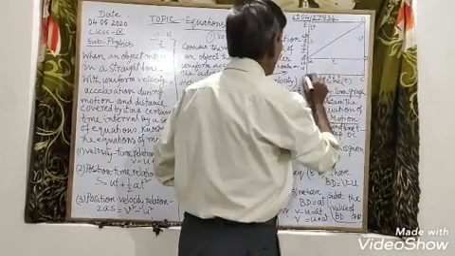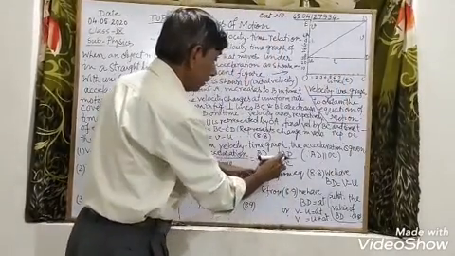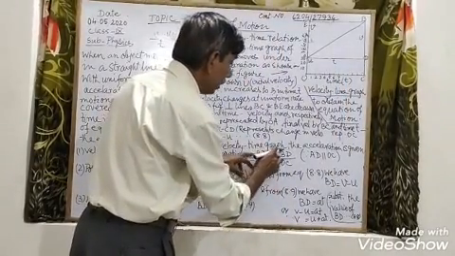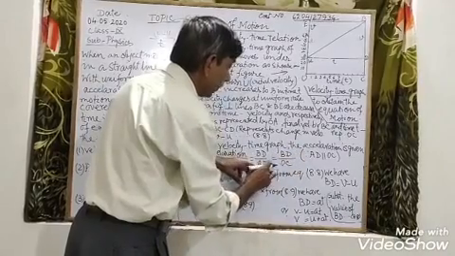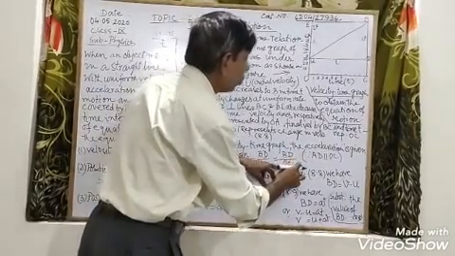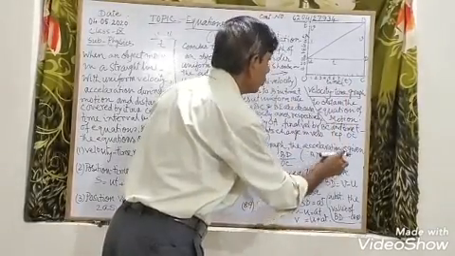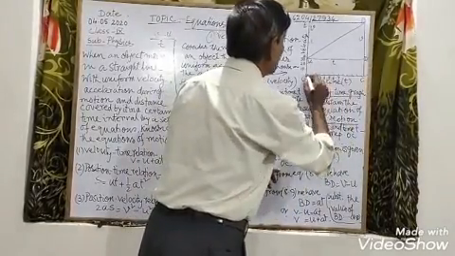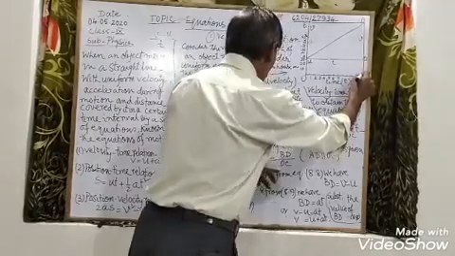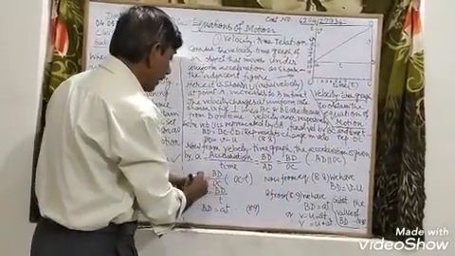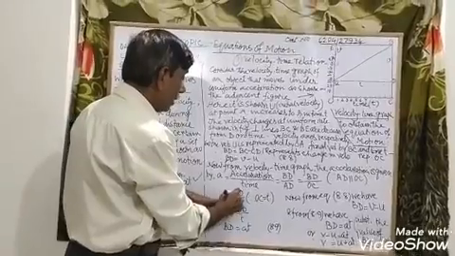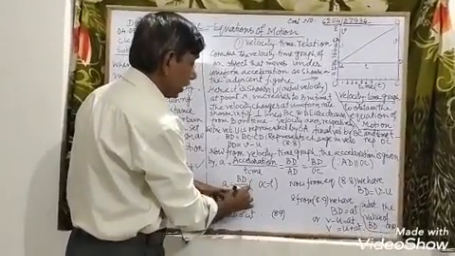Since AD is parallel to OC, in place of AD we shall write OC. So acceleration A is equal to BD by OC.